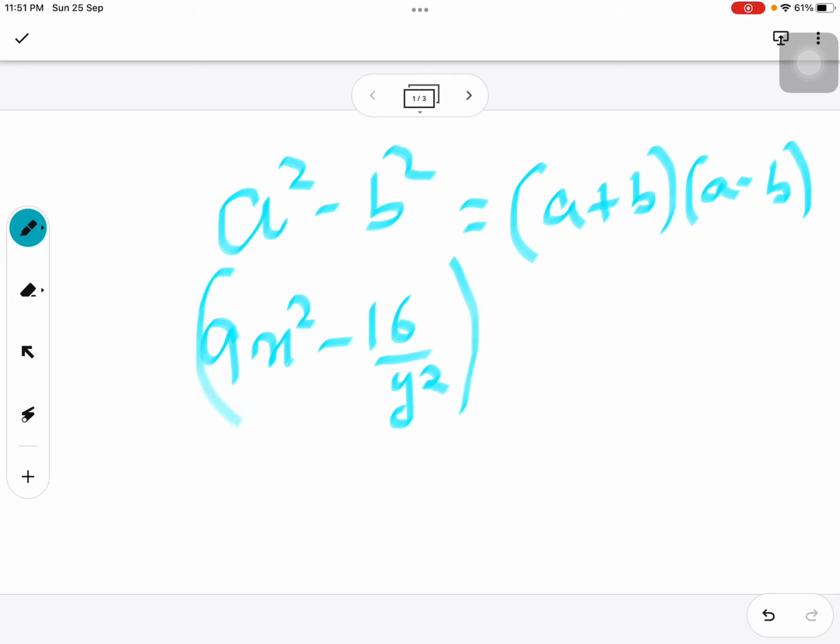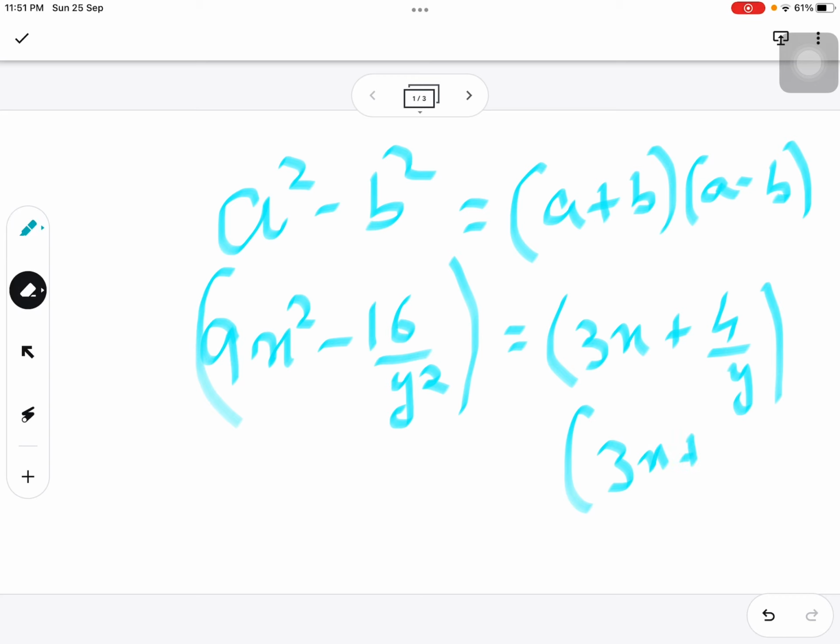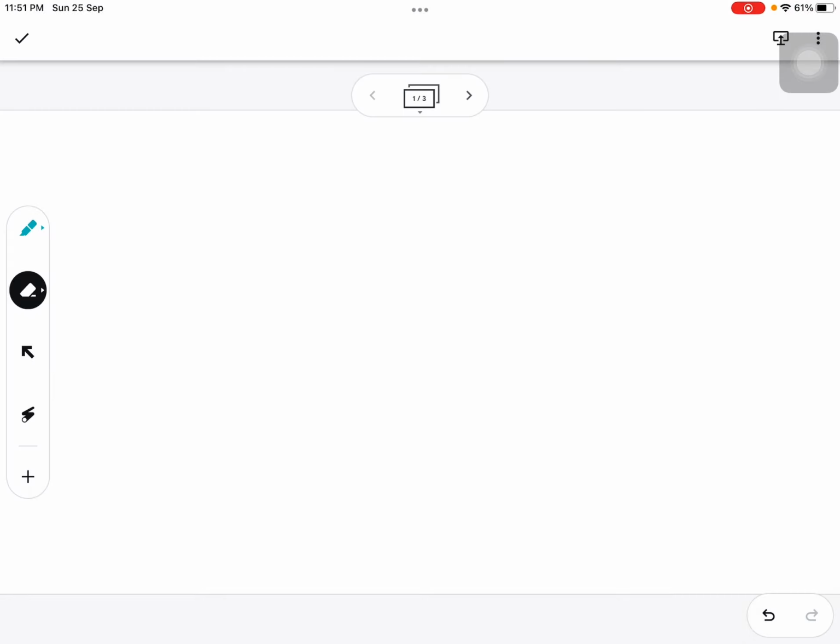That will be equal to: 9x square under root is 3x, 16 by y square under root is 4 by y. So it is 3x plus 4 by y into 3x minus 4 by y. Something like this.